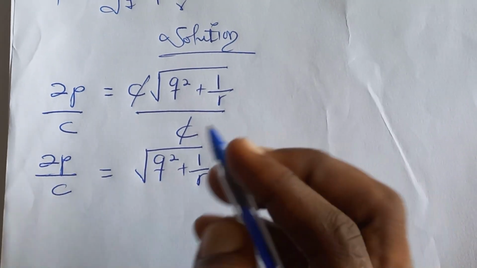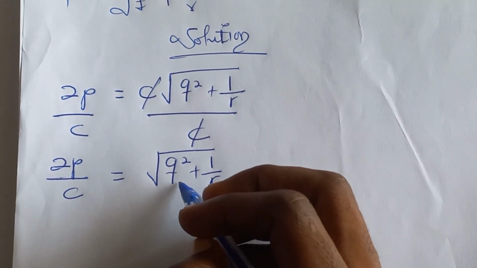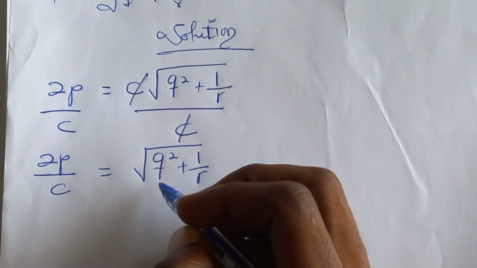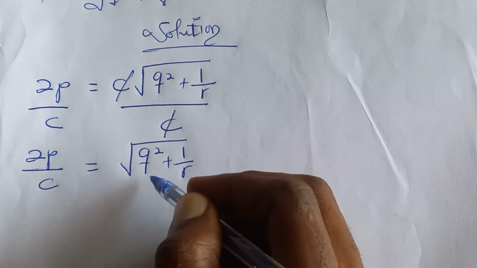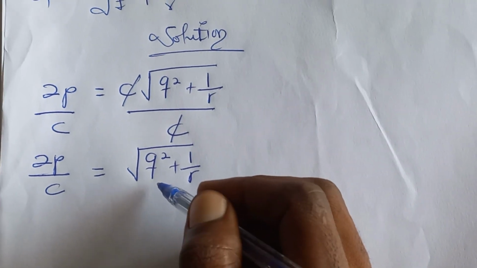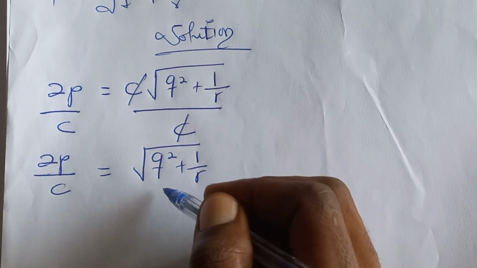So with this, we need Q. We want to make Q the subject in this relation. So our main focus is on Q. So now we need to bring Q outside the square root.